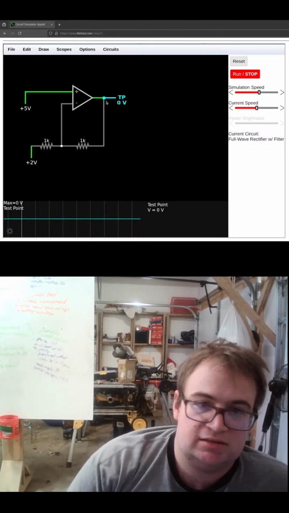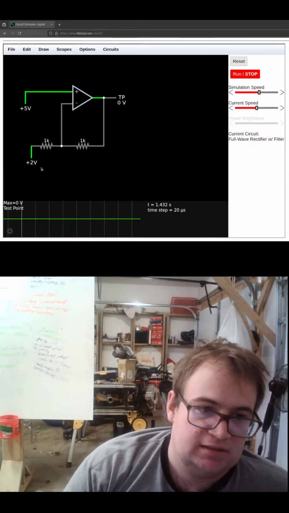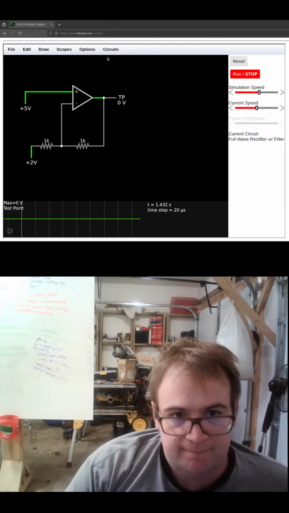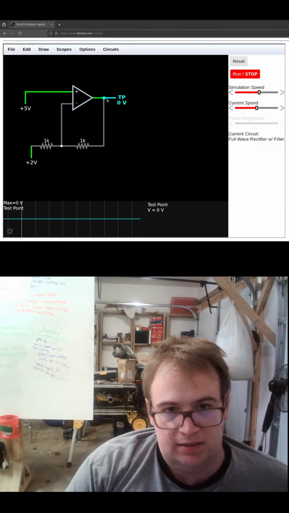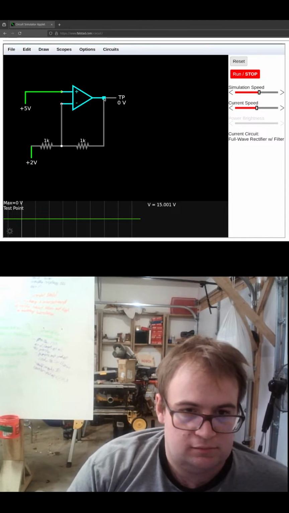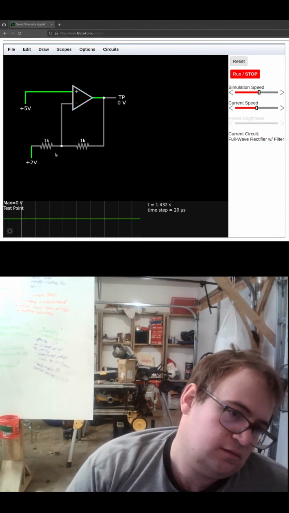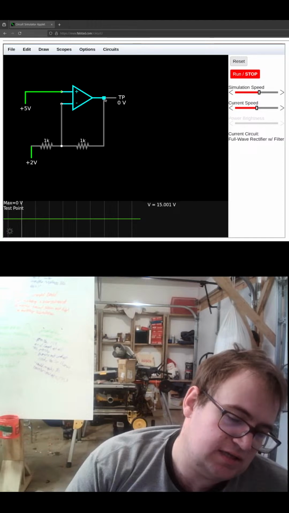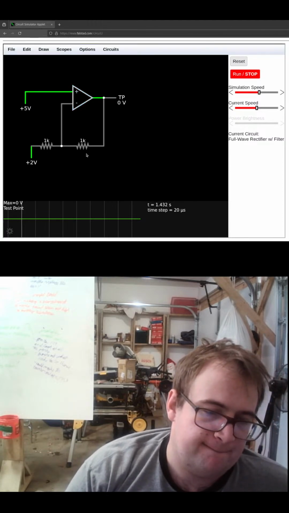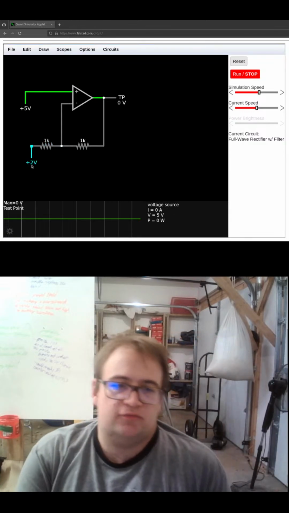Just think of this for a bit. If this is 5 volts and this is applying 2 volts, we would want this to output some negative voltage that would compensate for this having plus 2 volts here.